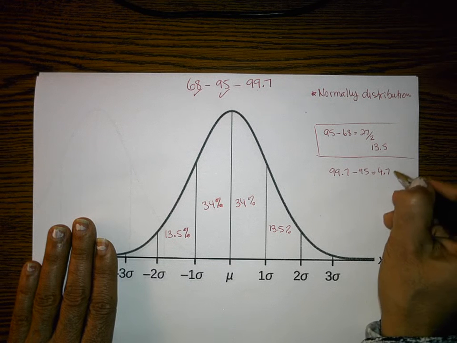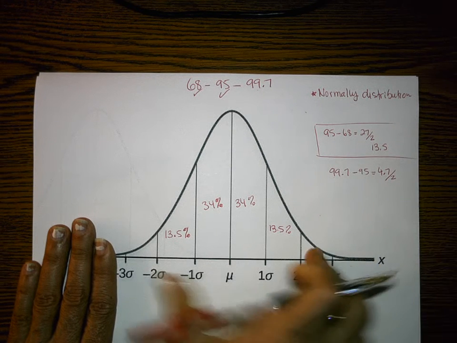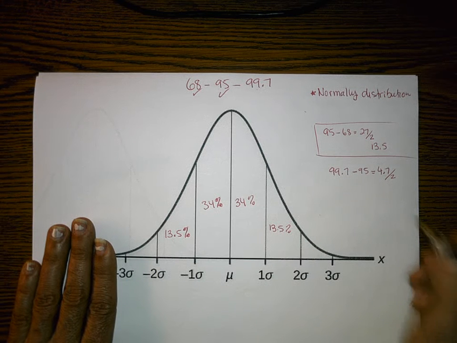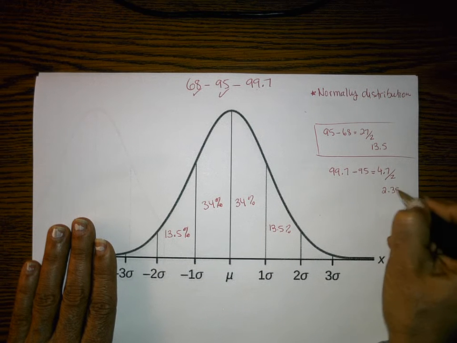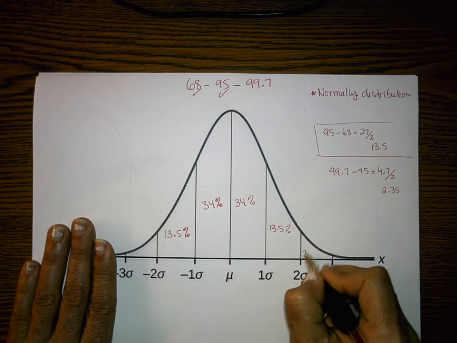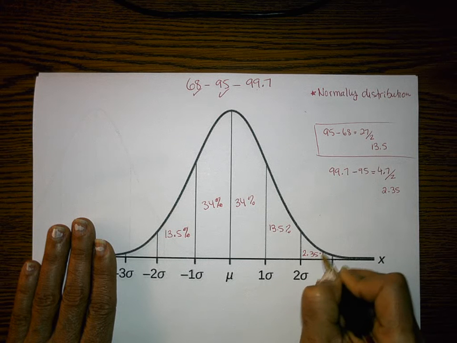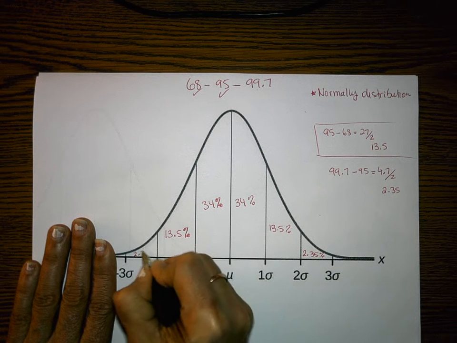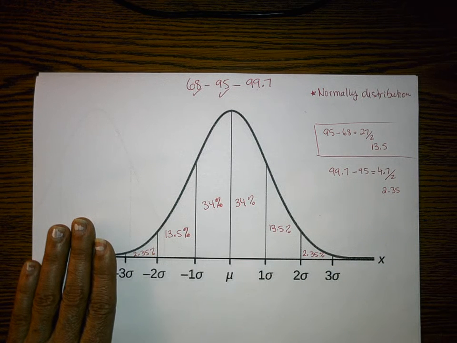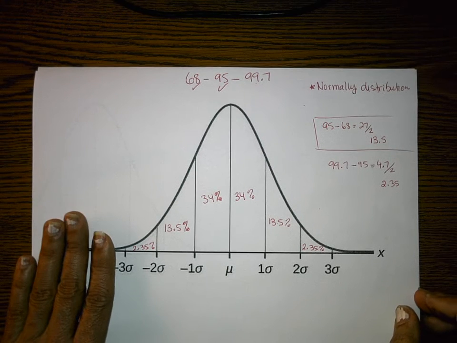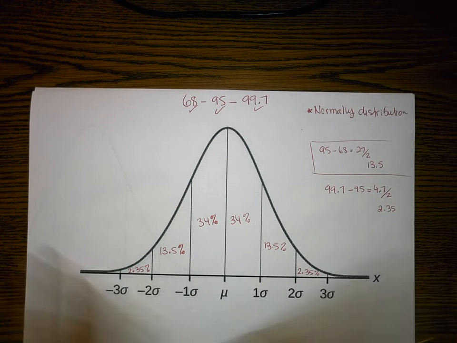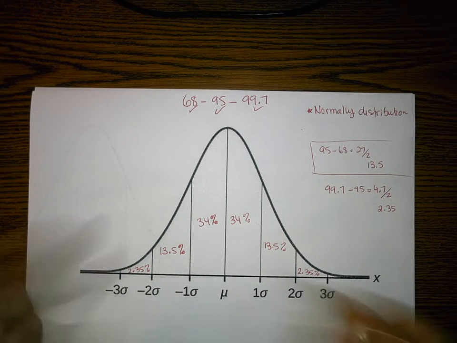When you grab 4.7 and divide it by 2, because you need to split it between 2 sides, we will get 2.35. So I know that here I have 2.35% and here I have 2.35%. So that is how we distribute these 3 values among our areas under the curve.